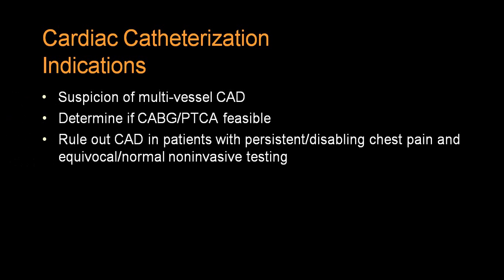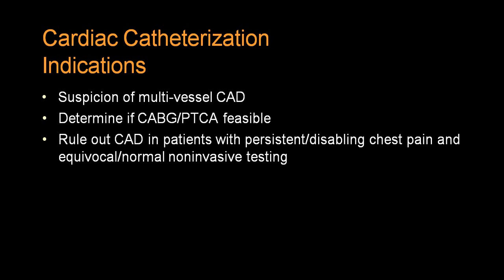Cardiac catheterization, particularly what we call angiography, will be helpful to find out the severity of the vessel involvement, number of vessel involvement, and then you can also subject them to PTCA or what we call angioplasty.